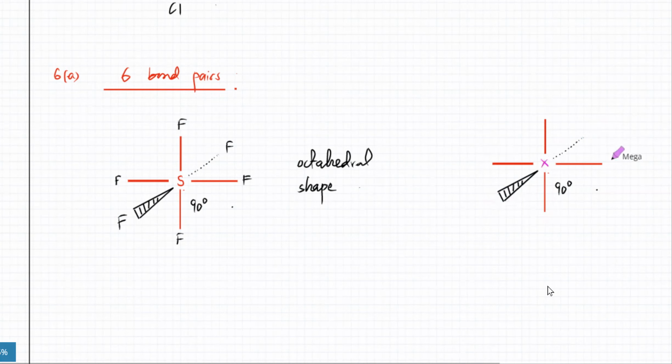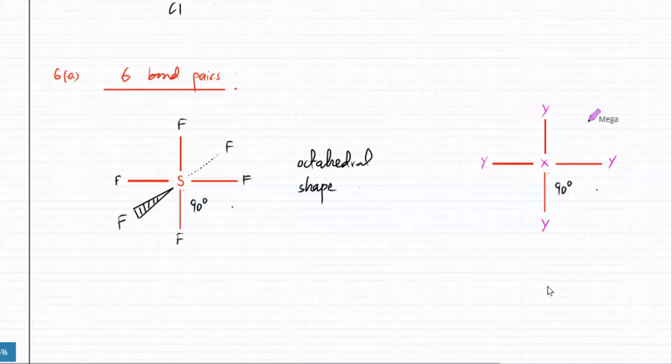Let's say this is X, and it's bonded to 4 Ys. And there are also lone pairs. So one lone pair would be behind it, and one lone pair would be in front of it. Exactly the same shape.